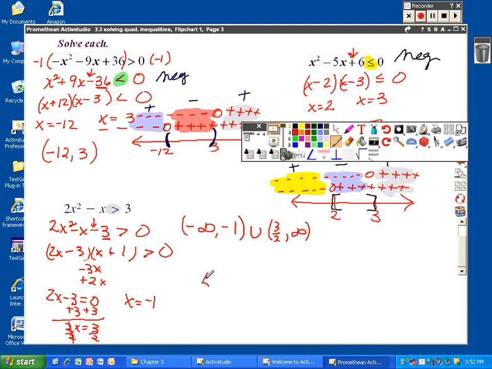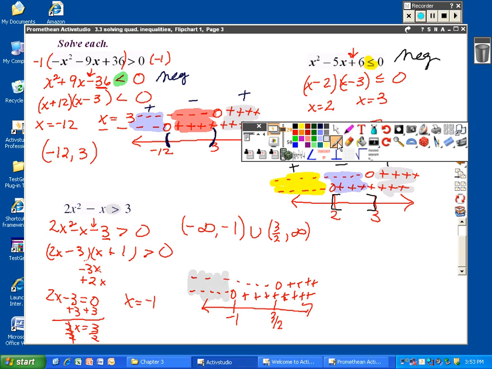And if you want to see it graphically, negative 1 and 3 halves are my zeros. To the left of a 0 is negative, to the right is positive. To the left is negative, to the right is positive. Negative negatives, going to give me a positive.